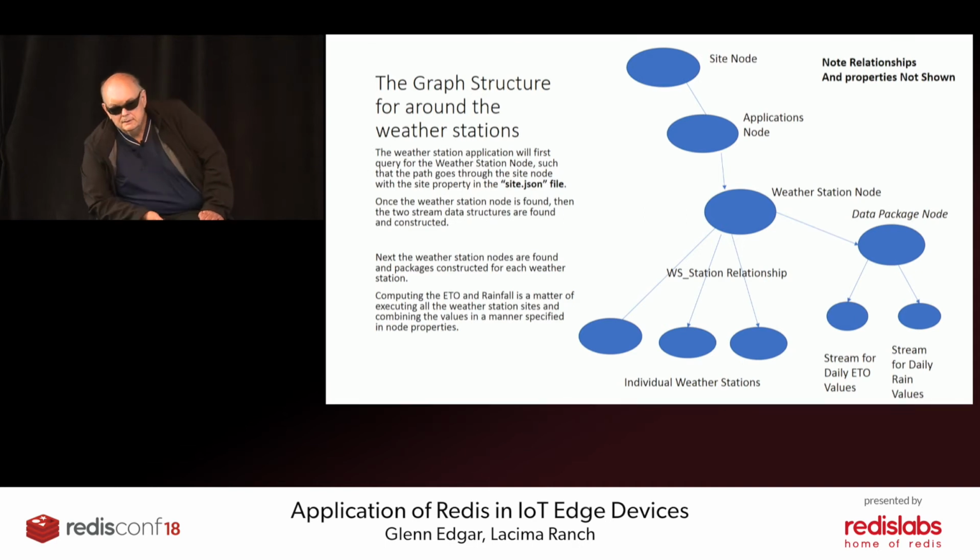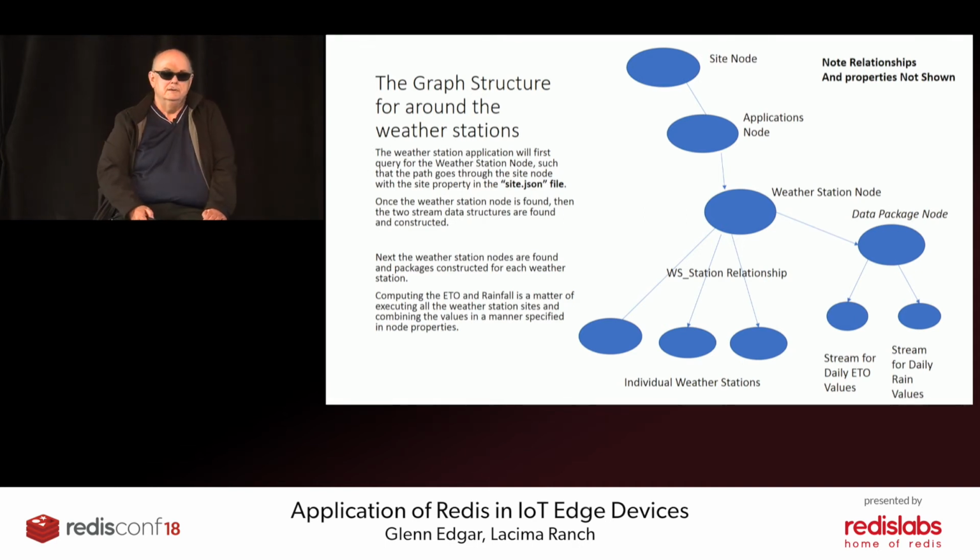And here's an example with weather stations. Here's your site. Here's your application node. And then you go down to the weather station node. The weather station node has data packages, for example a stream for the evaporative loss daily values and the rain values. And it also has weather station relationships.